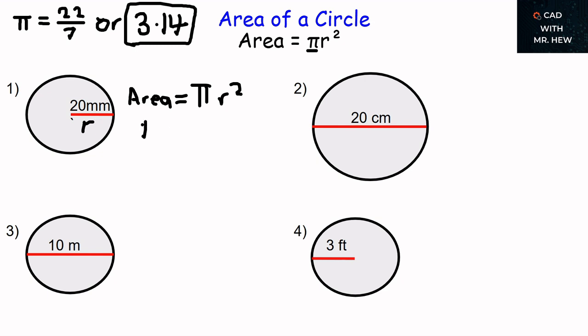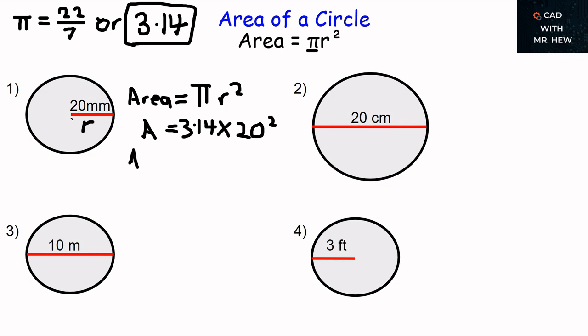So we're going to write A, and plug in the values from the question, is equal to 3.14 times, what is r? 20, 20 squared. All right. So I'm going to write it for the first one.